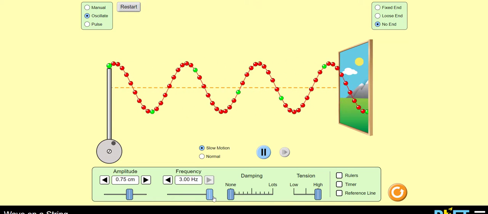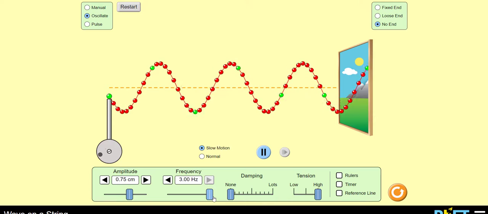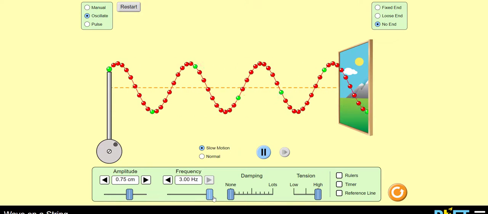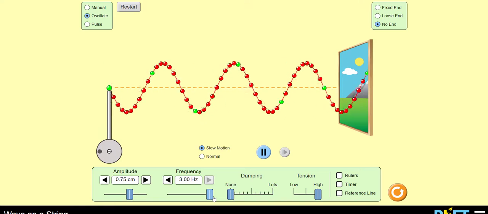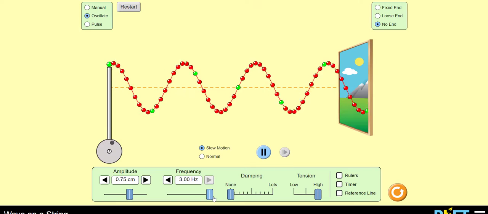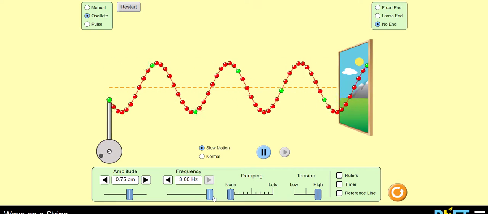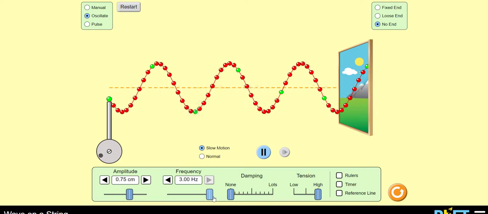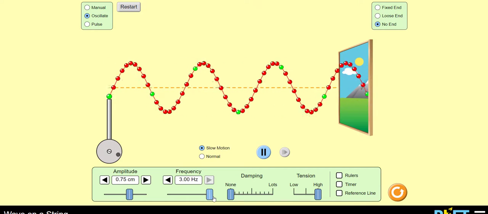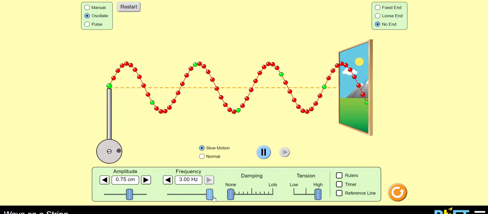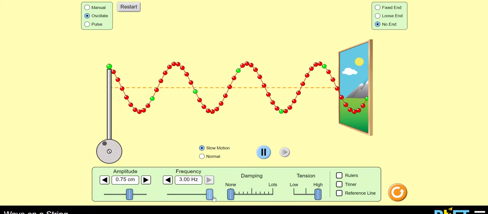It's true that the red and green particles are oscillating vertically faster on average than before. After all, if the frequency doubles from 1.5 to 3 Hz, the particles complete 3 whole cycles per second compared to 1.5 cycles previously. But what about the wave speed, the speed at which the crests and troughs are moving rightwards? Our brains might perceive the wave speed to have increased as well, but in fact, it hasn't changed.